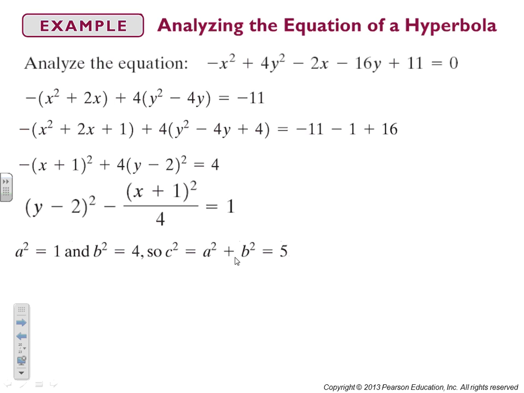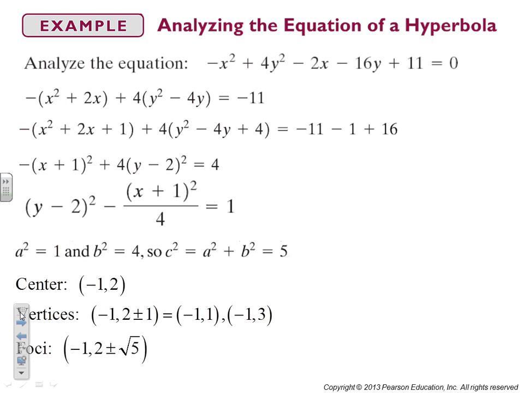And then my c, surprise, surprise, is square root of 5, or c squared is equal to 5. So my center is at negative 1, 2. My vertices are at negative 1, 2 plus and minus 1, which turns out to be negative 1, 1 and negative 1, 3.